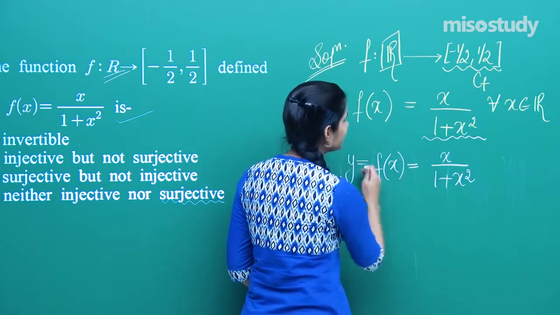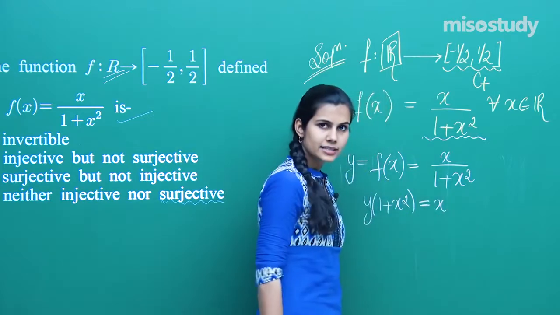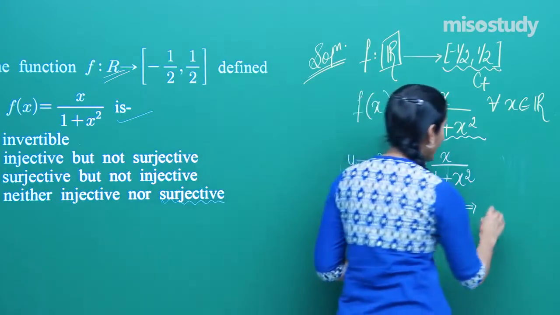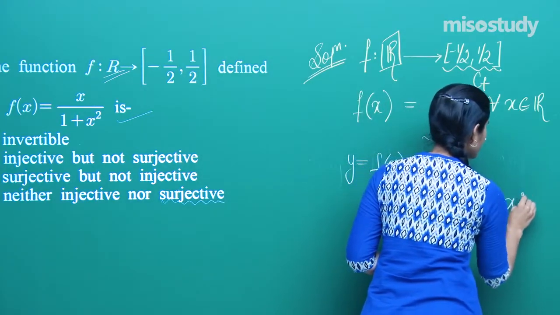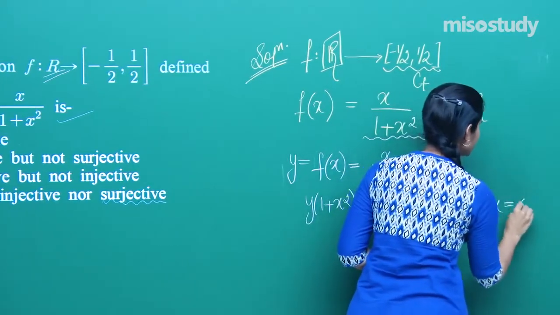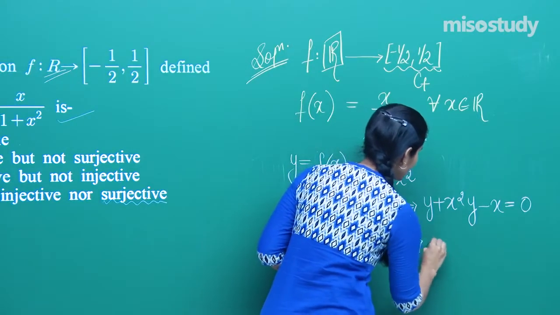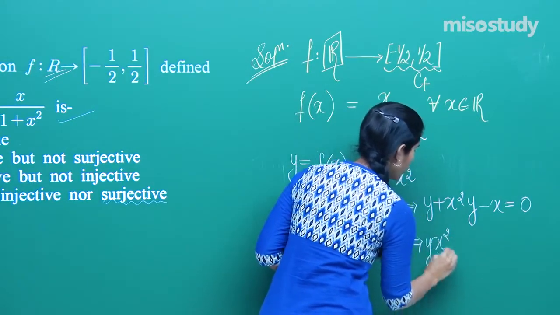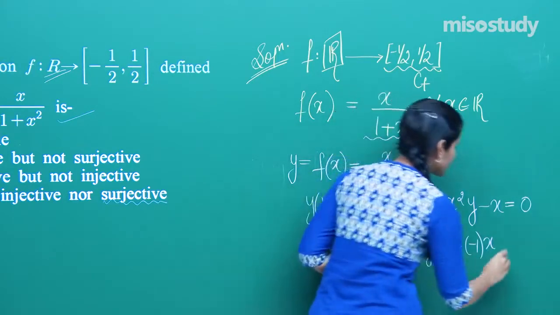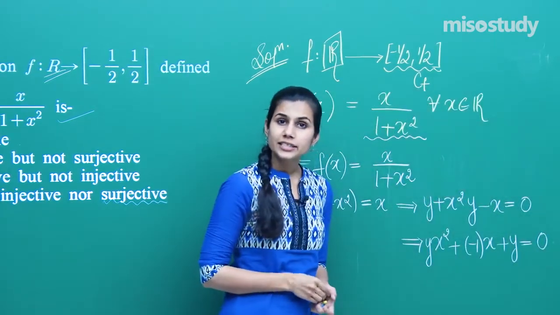You have y multiplied by (1 plus x square) equal to x, which implies y plus x square y minus x is 0. I can write this expression as y x square plus (minus 1) into x plus y equals 0.